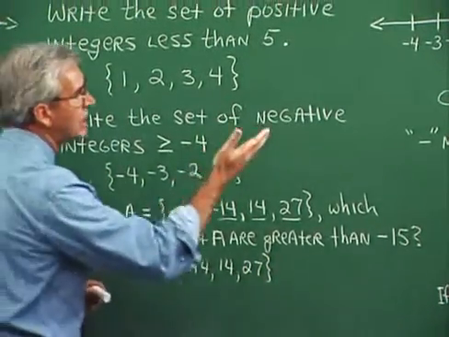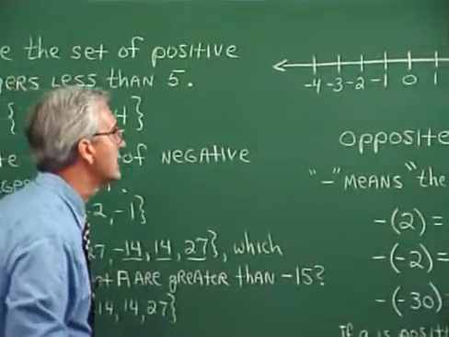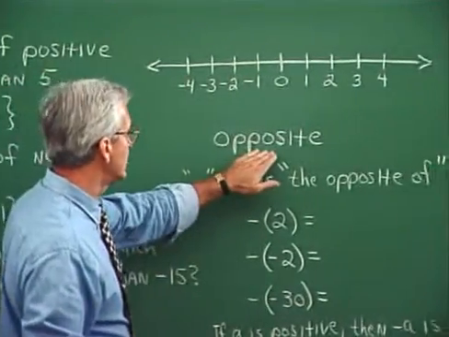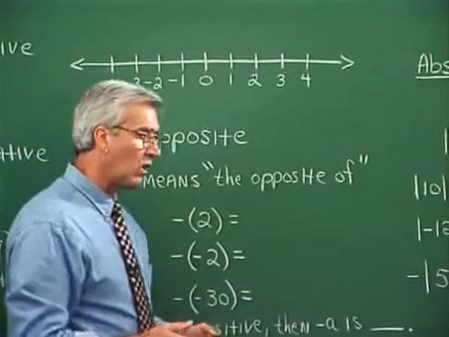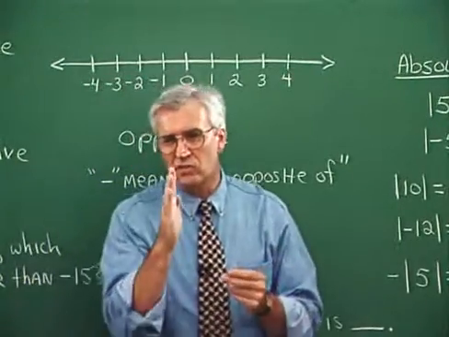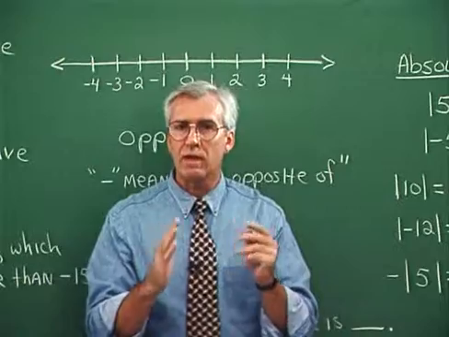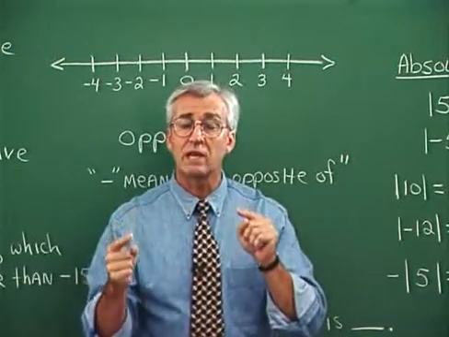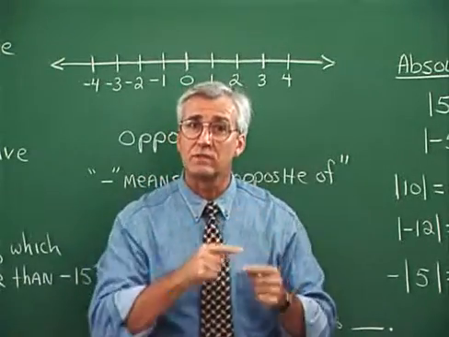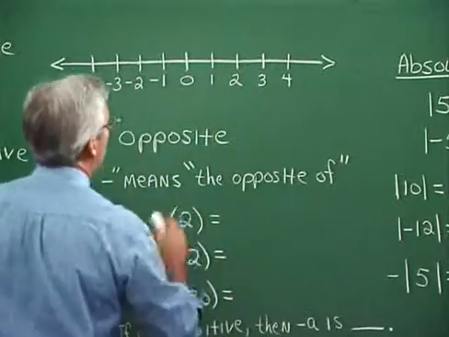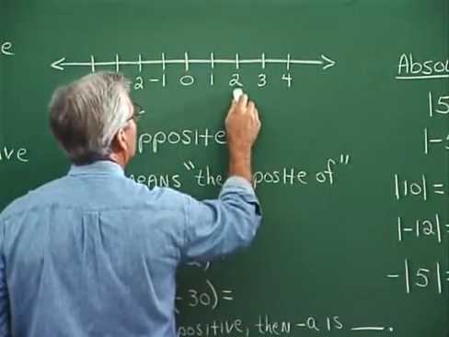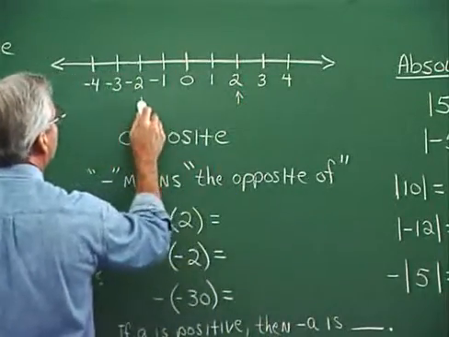Another idea associated with the number line is the idea of opposite. On the number line, we think of the zero kind of in the middle of the whole situation. When we think of opposite, we just go the same distance on the other side of zero. For example, the opposite of 2 would be negative 2.